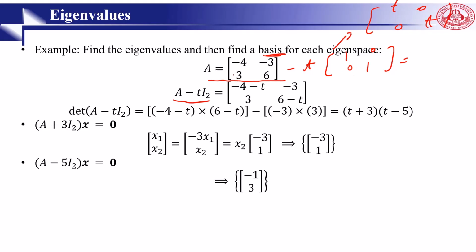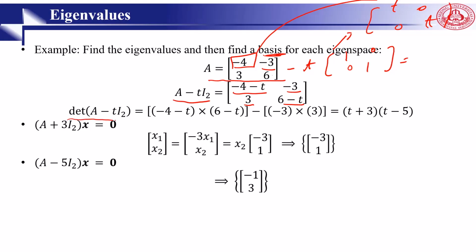Then if you do A minus TI, we will have 4 minus T, minus 3 minus 0, which is minus 3, 3 minus 0 will be 3, and 6 minus T. Then we need to find the determinant of this, right?